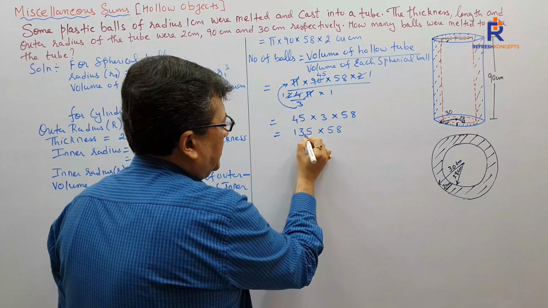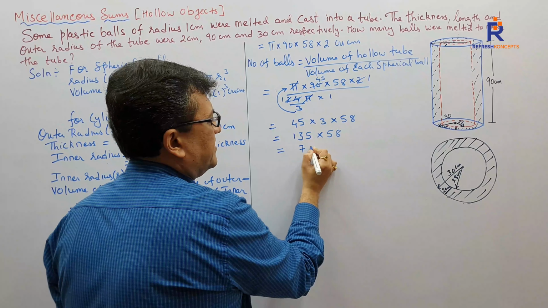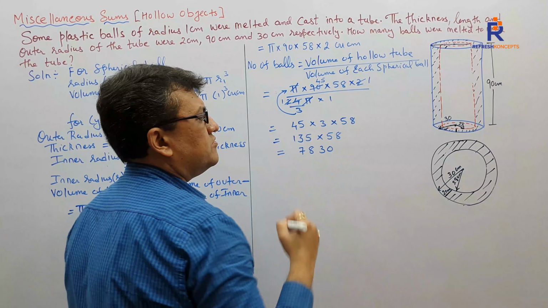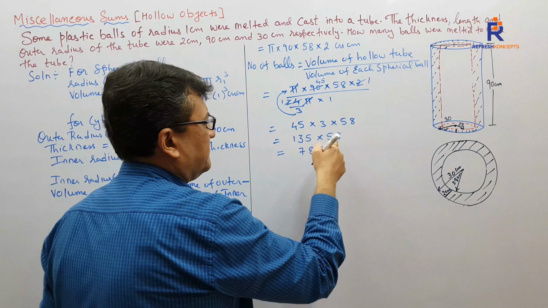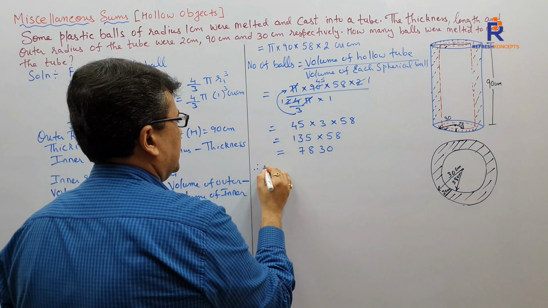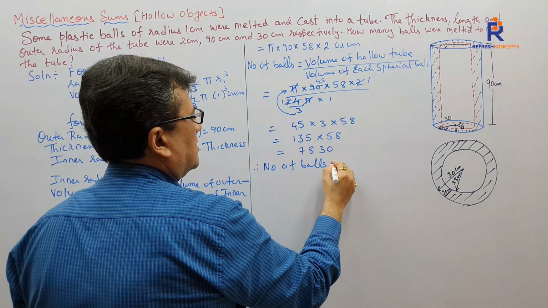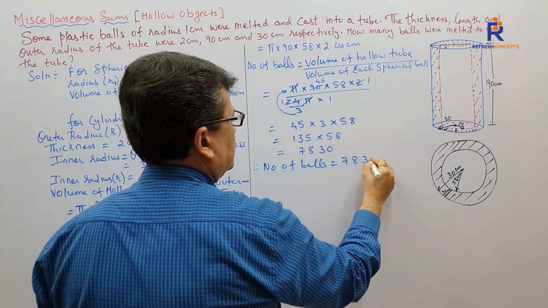Now when we multiply 135 into 58, the answer you get is 7830. Therefore, the number of plastic balls is 7830.